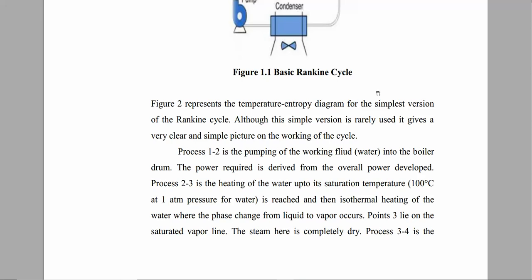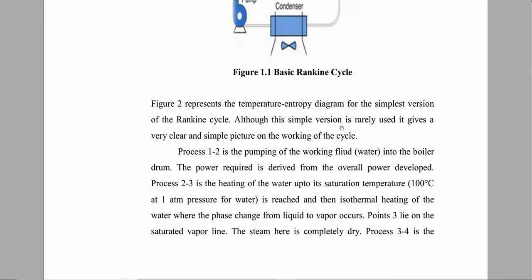It reaches that, and then isothermal heating of the water occurs, where the phase change from liquid to vapor takes place. Point 3 lies on the saturated vapor line.